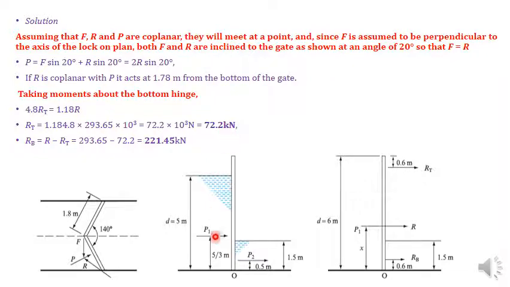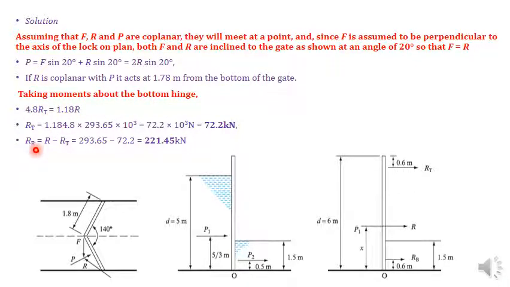So in this way, whatever value of P you have calculated will be the same as R, and whatever x distance you have calculated for the hydrostatic forces will be the same for the resultant of the hinge system, RT and RB. So if R is coplanar with P, it will act 1.78 from the gate. Then you need to take the moment about the bottom hinge, and you will get RT and RB.